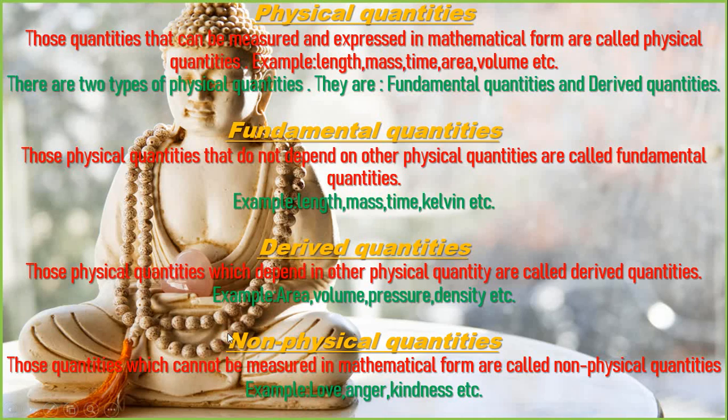From the example we can be clear about the concept of derived quantities. We know that the formula of area of a rectangle is L into B. It means it is dependent on the fundamental quantity which is length. Like volume, it has a formula for any object. Like pressure, the formula of pressure is force by area.